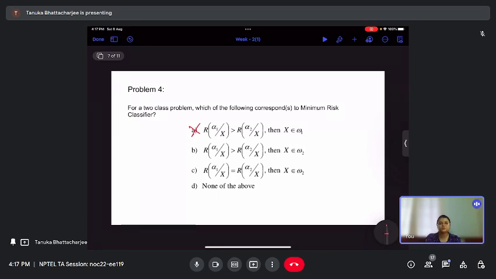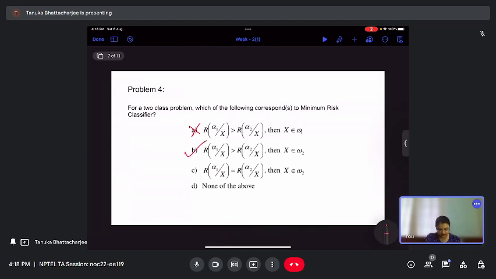So you try to minimize the risk. Here your risk for taking the action alpha 2 is less than taking the other possible action alpha 1. So you go with the action alpha 2, and that action is you classify x as belonging to class omega 2. So this is the correct option.